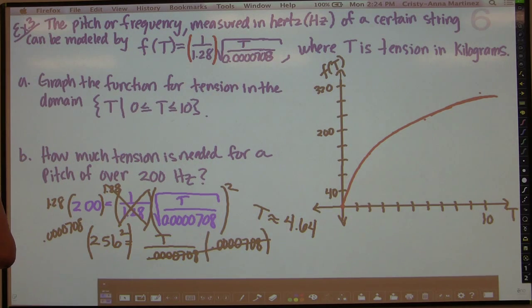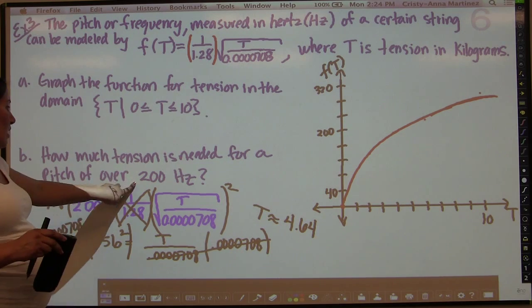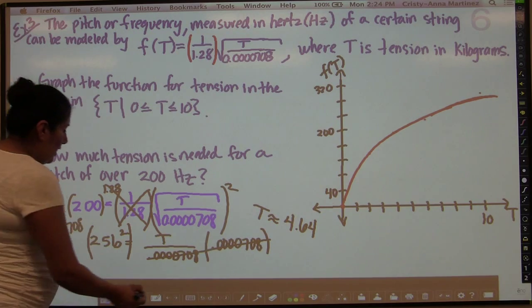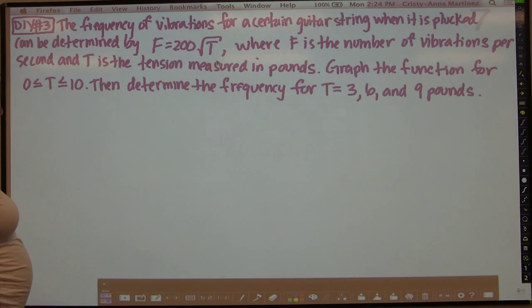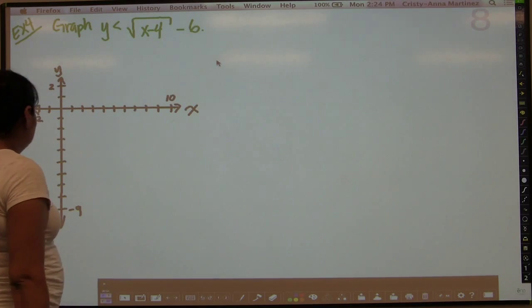So roughly, we have 4.6 kilograms of tension in our string if you have a pitch over 200 hertz. Alrighty, so that's how you do that. And so you can do this do-it-yourself question. And then we will go to our last example.